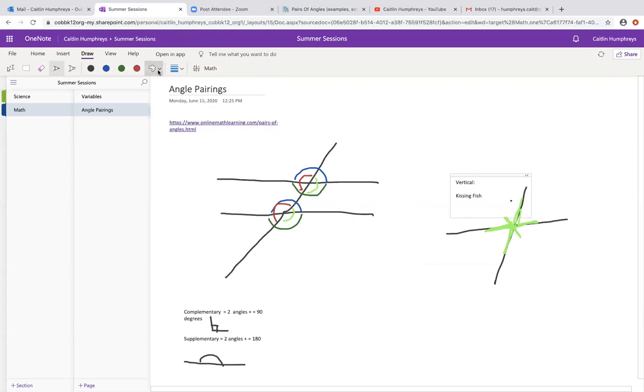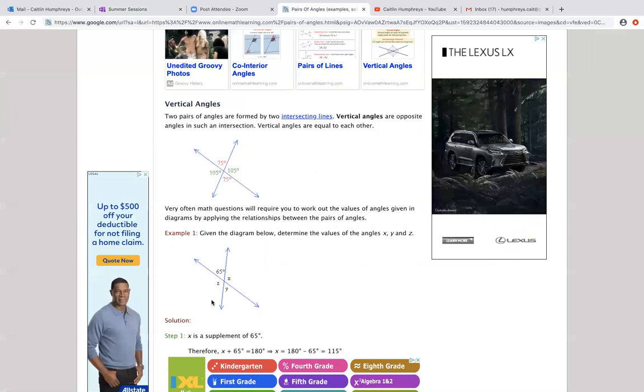So this angle right here, and this angle right here, those are vertical, and they are the same. They are the same measurement. So if you see here, intersections, vertical angles are equal to each other.